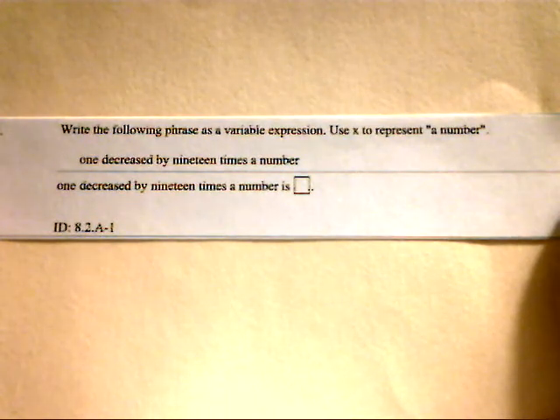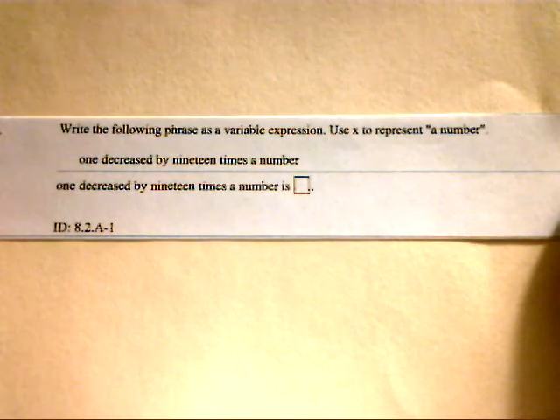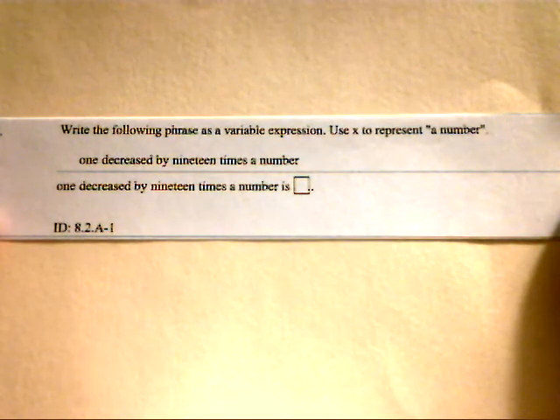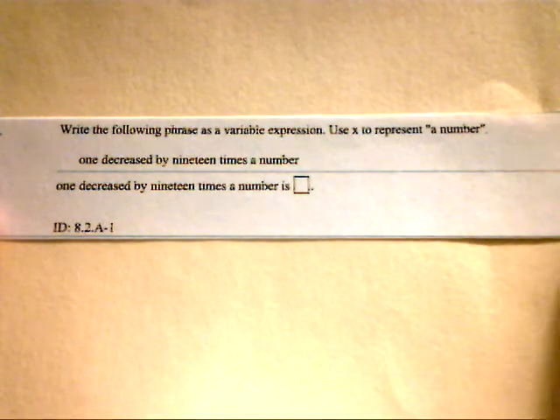We'll look at some of the homework problems that are in section 8.2. We're first going to write the following phrase as a variable expression, and you're going to use x to represent a number. In this case, it's 1 decreased by 19 times a number.